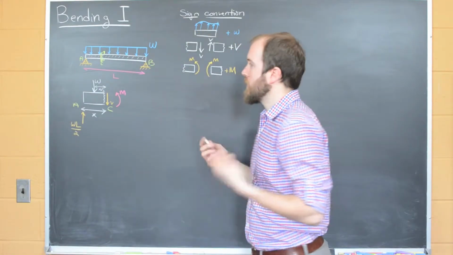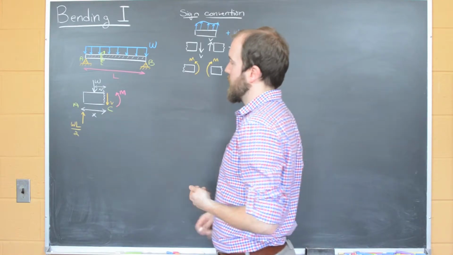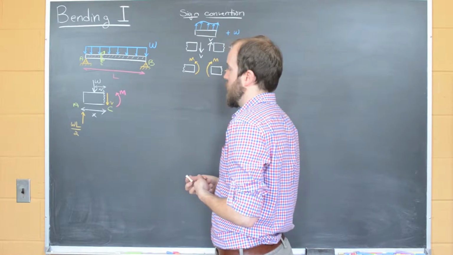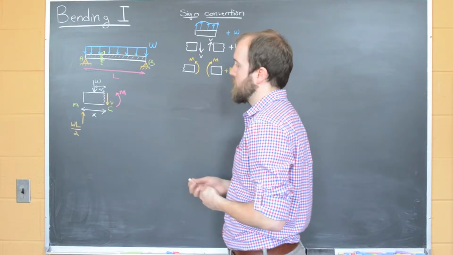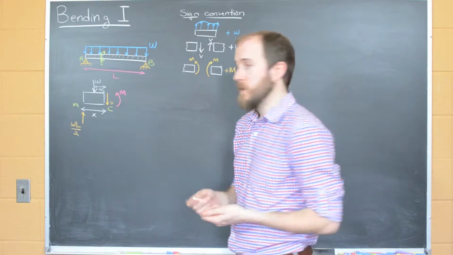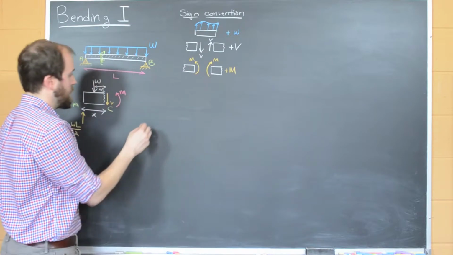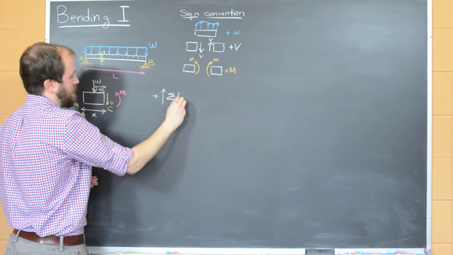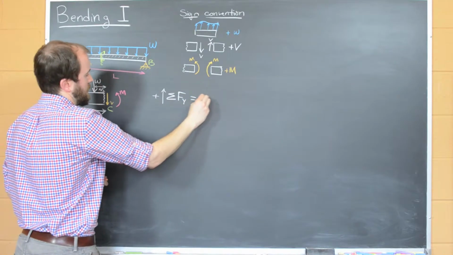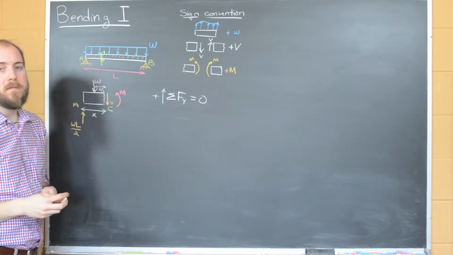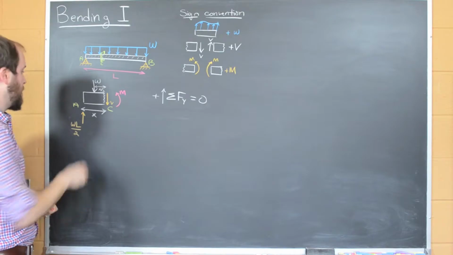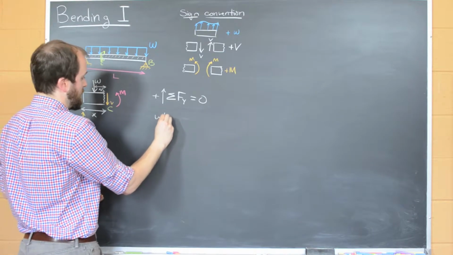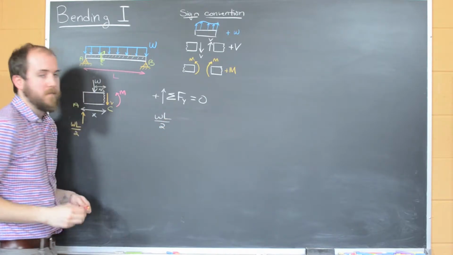Just like a traditional statics treatment, we have our free body diagram. We can sum the forces in the y direction and sum our moments about point C to get our equilibrium equations. Let's go ahead and do that. If we sum our forces in y equal to 0, we're going to find that the reaction at A is positive, so we'll have WL over 2.